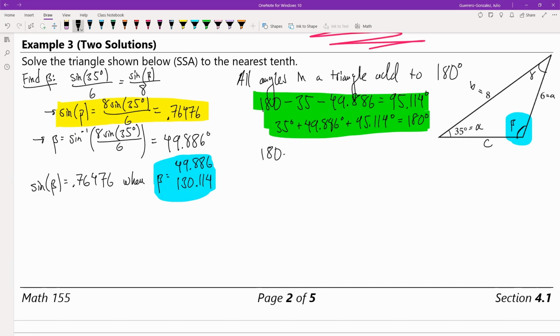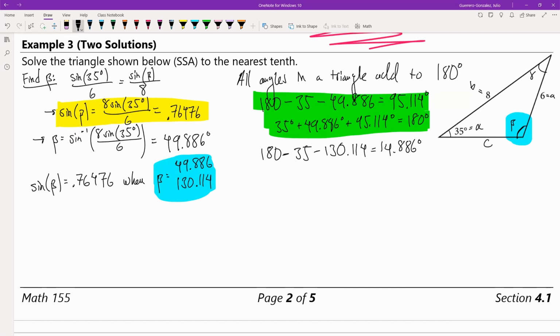180 minus 35 minus 130.114. This is equal to 14.886 degrees.